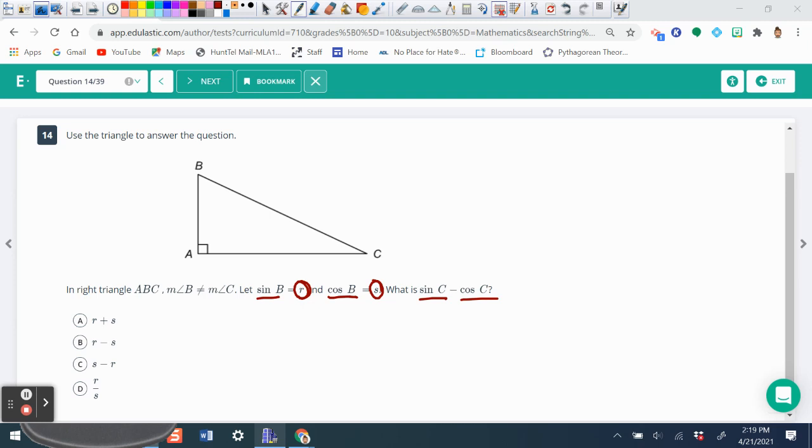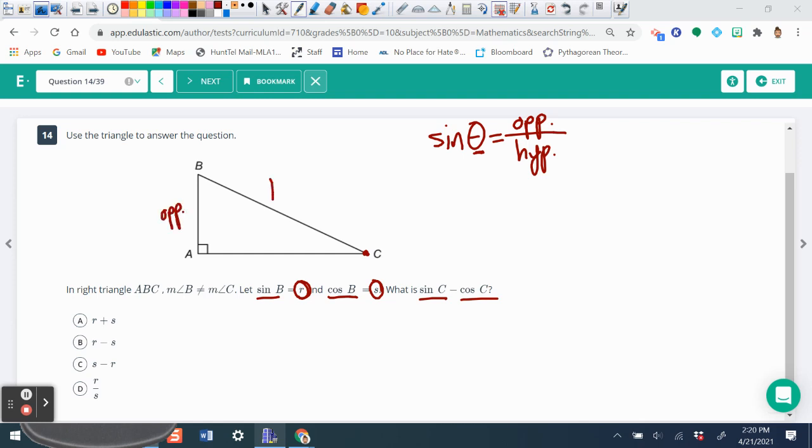So by definition of those trig ratios, sine of an angle is equal to the opposite side over the hypotenuse. But it all depends on which angle you're looking at. For example, if we're looking at angle C, the opposite side of C is AB.